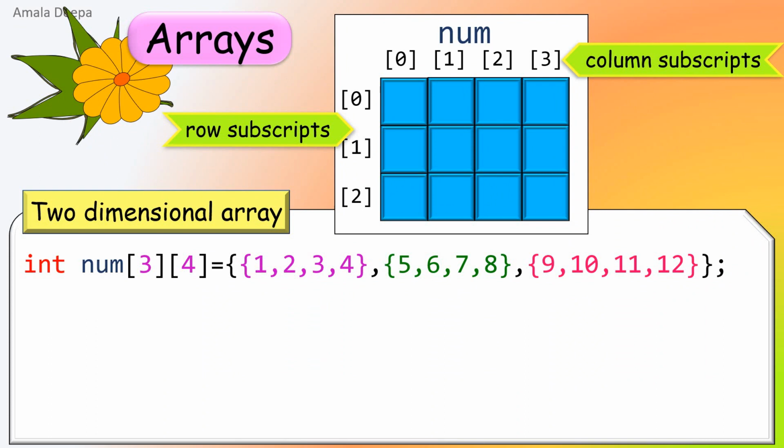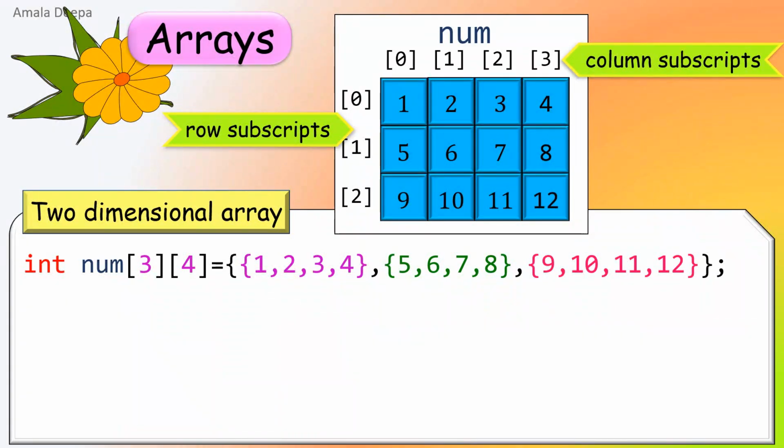Observe how the elements are stored in this array num. In the first row, 1, 2, 3, 4. Second row, 5, 6, 7, 8. Third row, 9, 10, 11, 12.